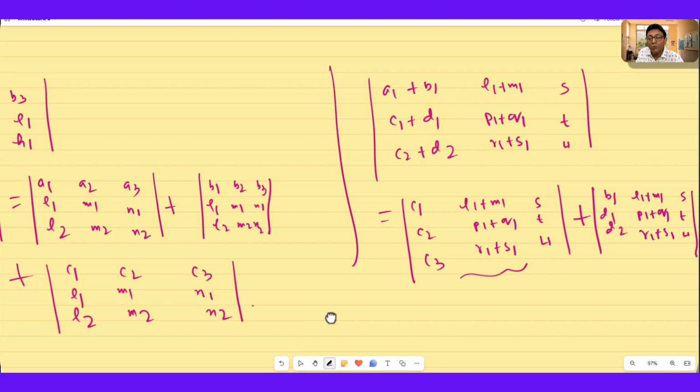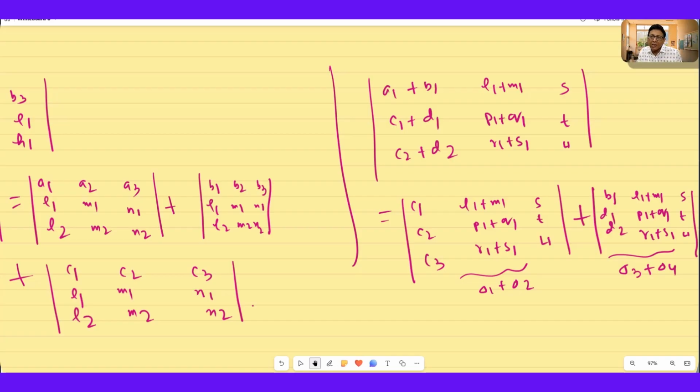Then this is sum of two determinants, delta 1, delta 2. This is again sum of two determinants, delta 3, delta 4. So you will get 4 determinants over there. If we have elements added over there, then we will get 8 determinants.